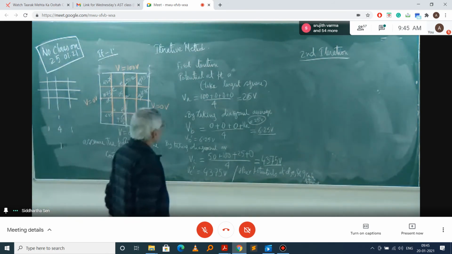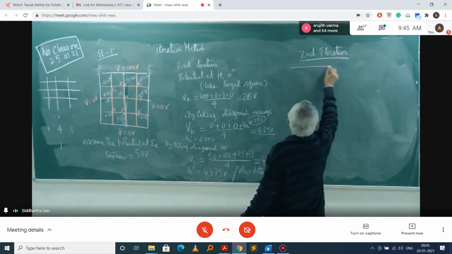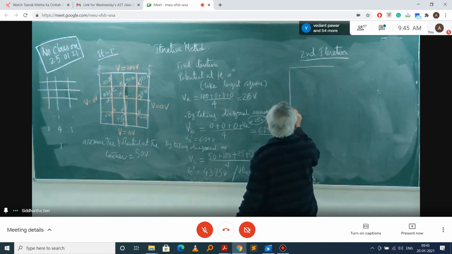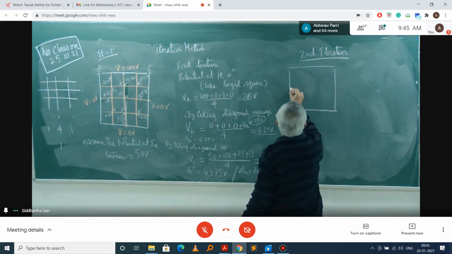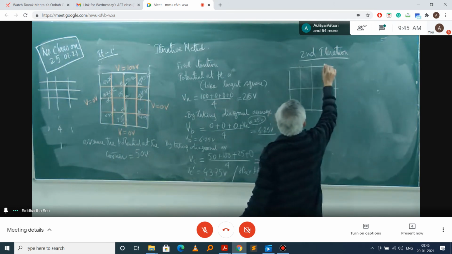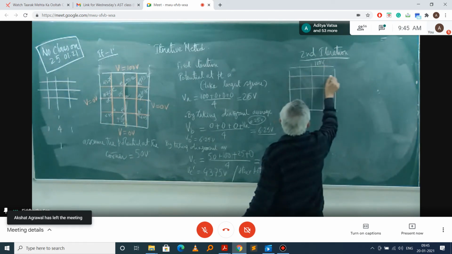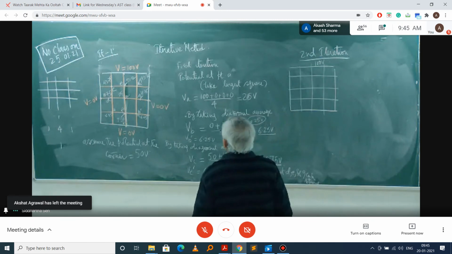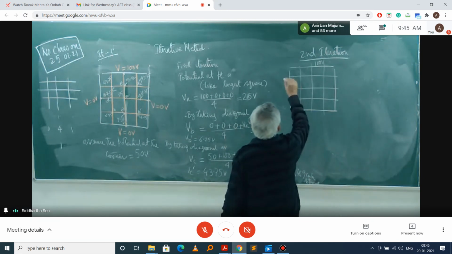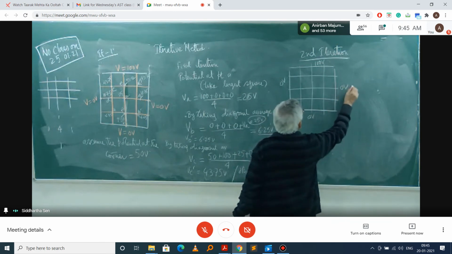Okay. So what is the second iteration? Second iteration, I would try to make it in this way. So what I can say, it is 0 volt, this is 0 volt, this is 0 volt.